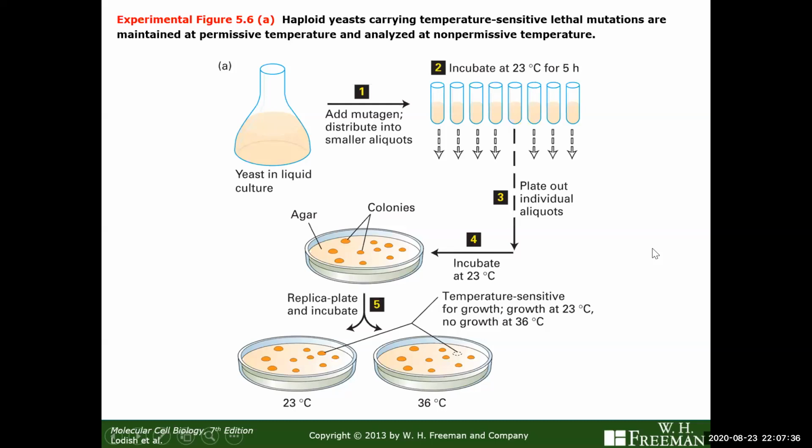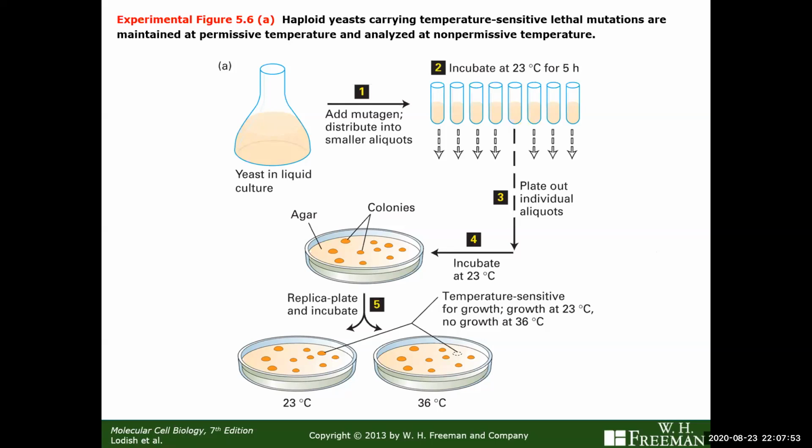Okay, so let's start on the slide where we were at the end of lecture 3. Temperature sensitive mutation belongs to a class of mutations which are called conditional mutation.